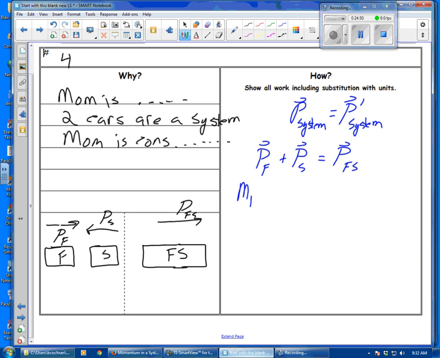The inertia of the first car, velocity of the first car, inertia of the second car, velocity of the second car equals the inertia of my new object, which is mf plus ms, and the velocity of my new object.